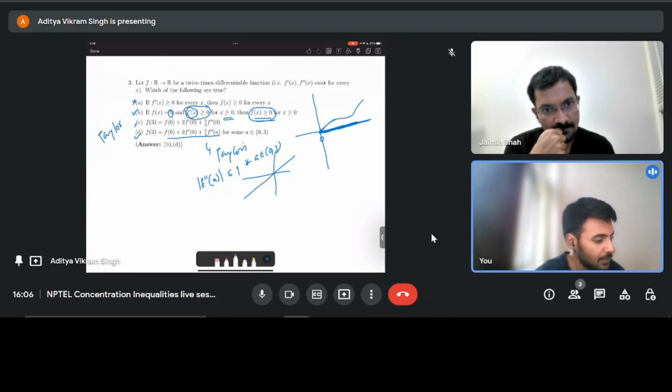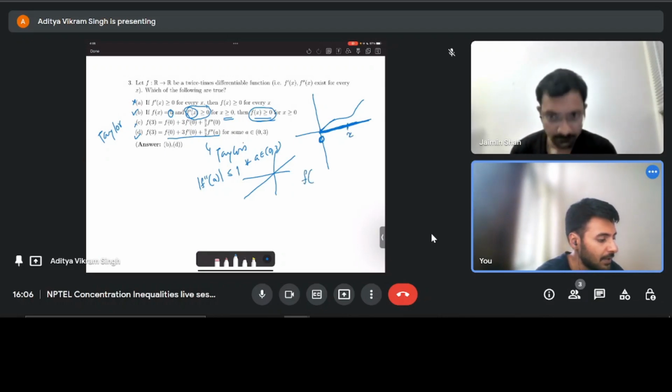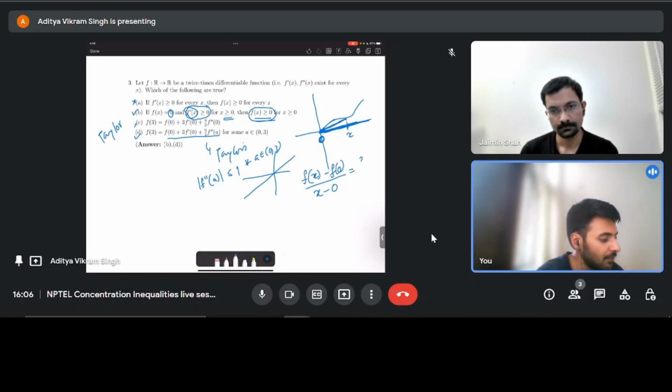Take 0 here, take x here. We know that (f(x) minus f(0)) by (x minus 0) is just the slope, and it is equal to f dash of t for some t in (0, x).